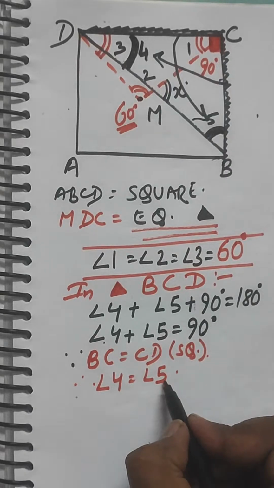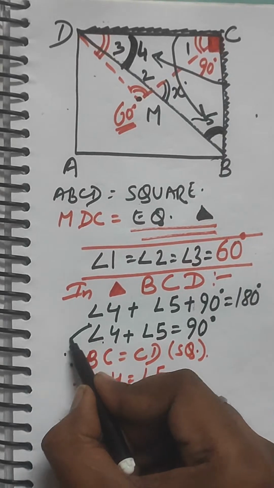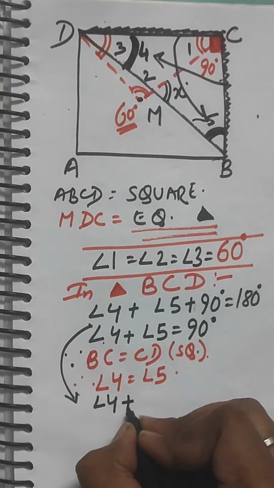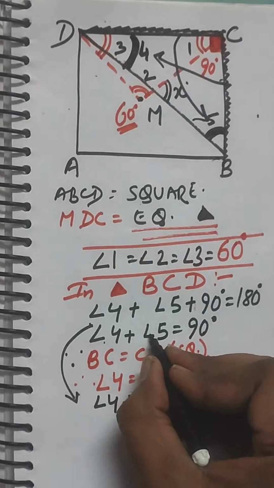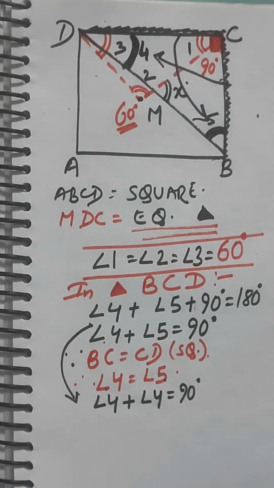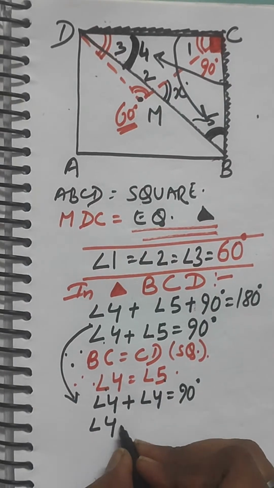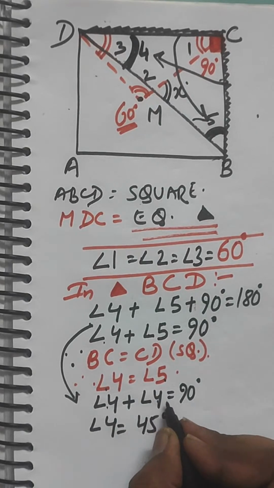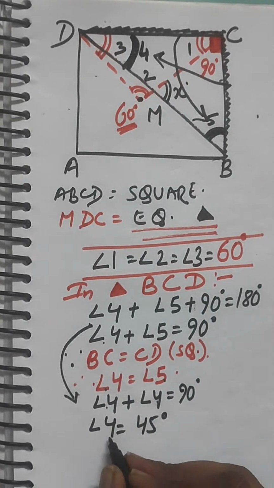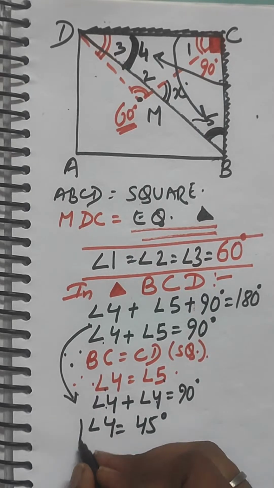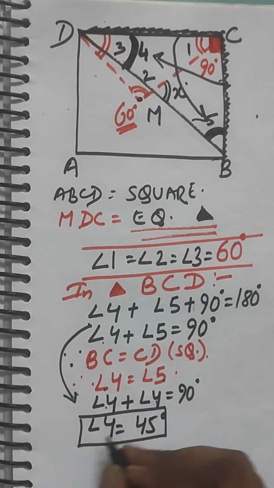In place of angle 5, just write angle 4: angle 4 plus angle 4 equals 90 degrees. So 2 times angle 4 equals 90 degrees, and angle 4 is 90 divided by 2, which is 45 degrees.